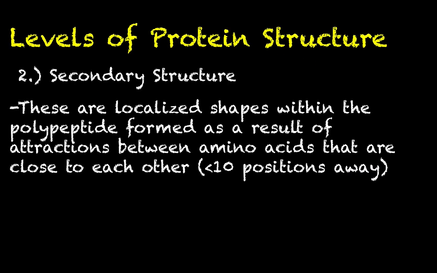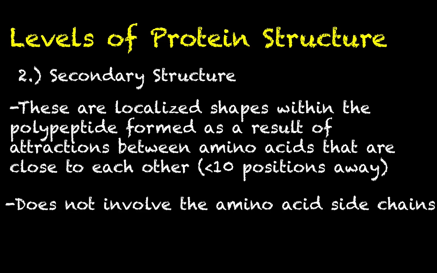So moving on to secondary structure, these are localized shapes within the polypeptide that are formed as a result of the chemical attractions between amino acids that are usually pretty close to each other, usually less than 10 positions away from one another. So a couple of other important points.